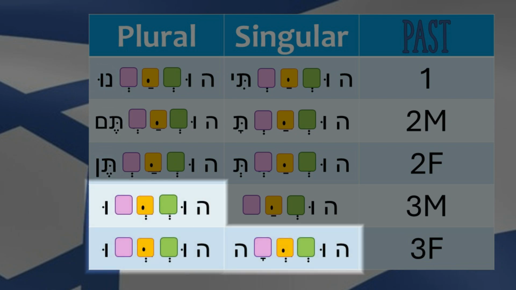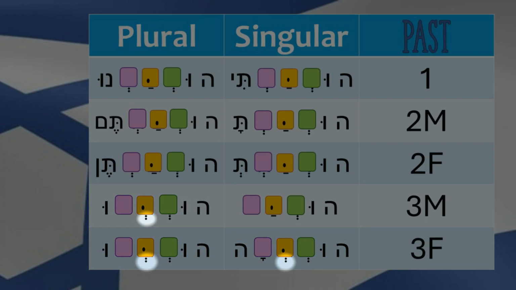The third person singular feminine and the third person plural are a little bit different because of their suffix, which is a stressed suffix. So what happens is that second shoresh letter also gets a schwa. So we've got two letters with schwas in a row.